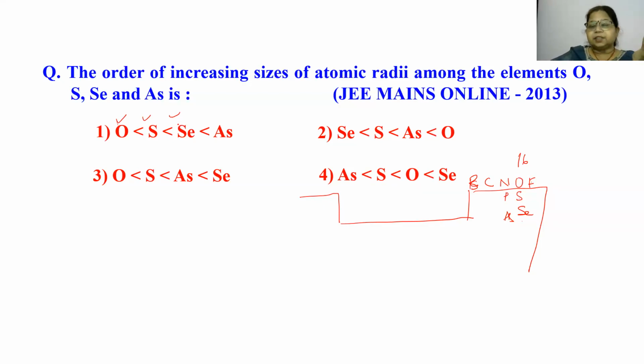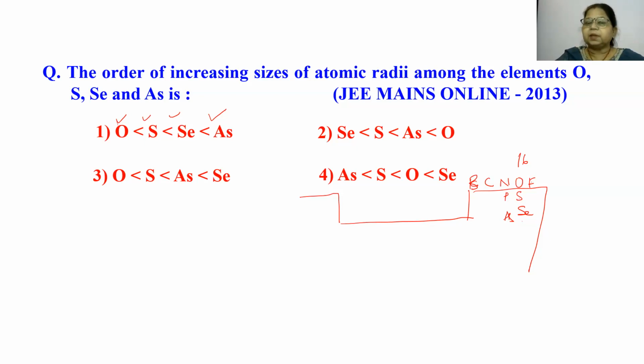Then coming to arsenic, if it is of the previous group, its size will be what? Larger or smaller? Larger. So that means this option is correct. Did you understand the logic behind this question and the purpose of making you understand this?